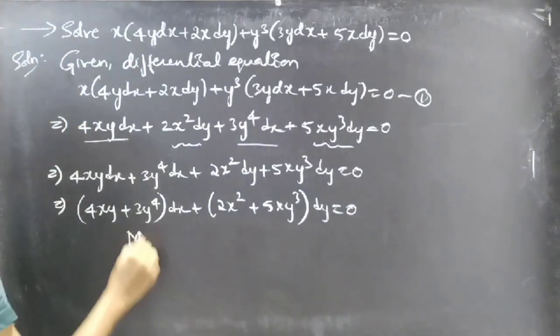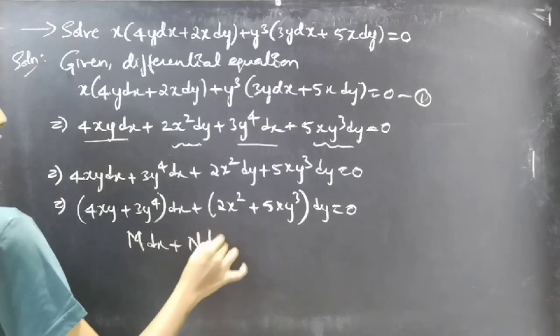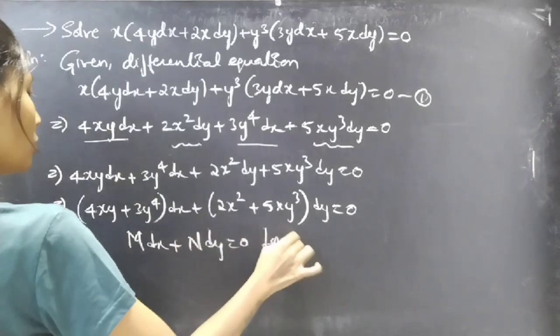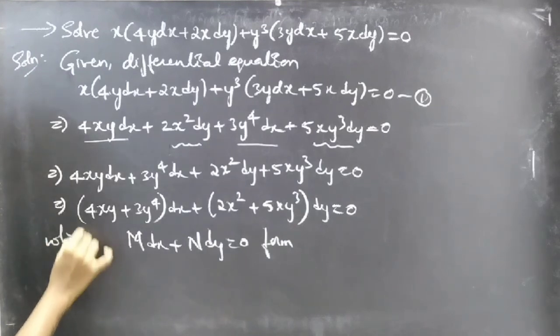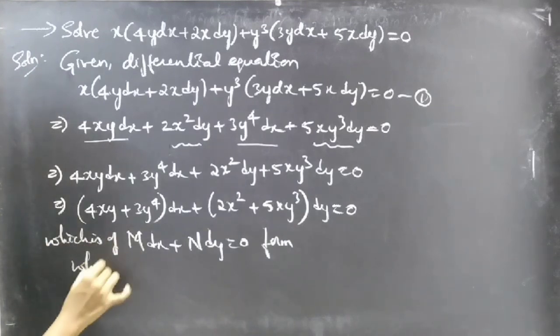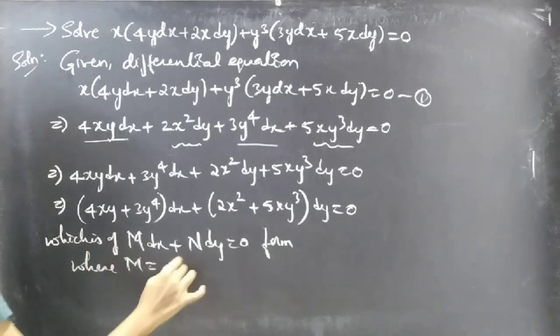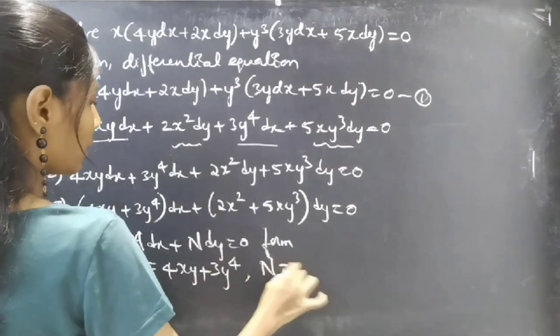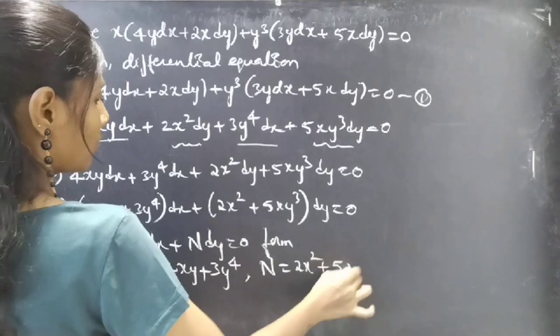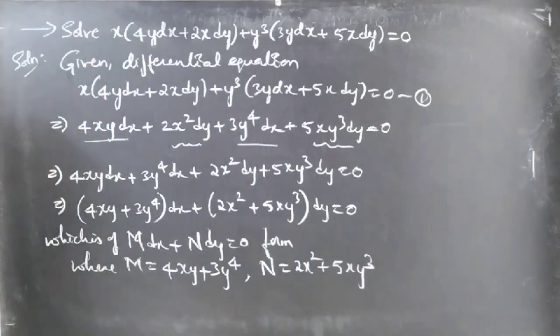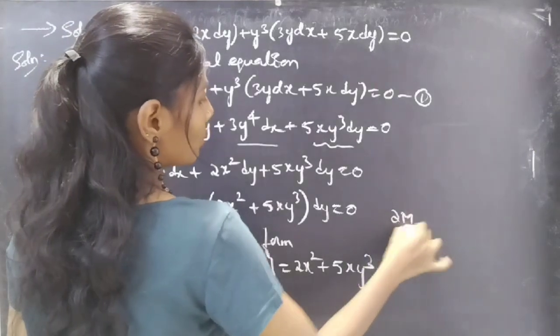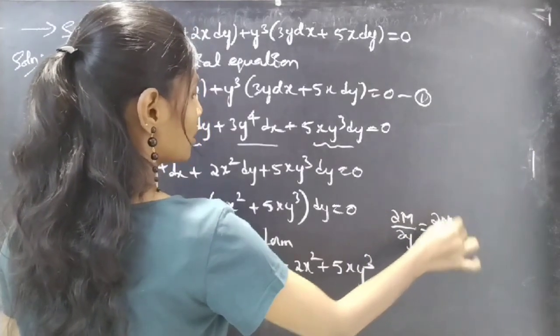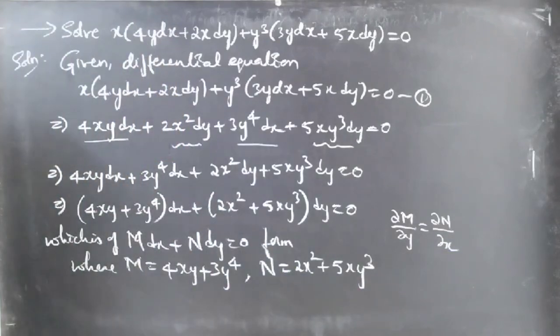Which is of M dx plus N dy equal to 0 form, where M equal to 4xy plus 3y power 4 and N equal to 2x square plus 5xy cube. If partial derivative of M with respect to y equal to partial derivative of N with respect to x, then we can say that the given differential equation is exact. So let's find the partial derivatives of M and N.